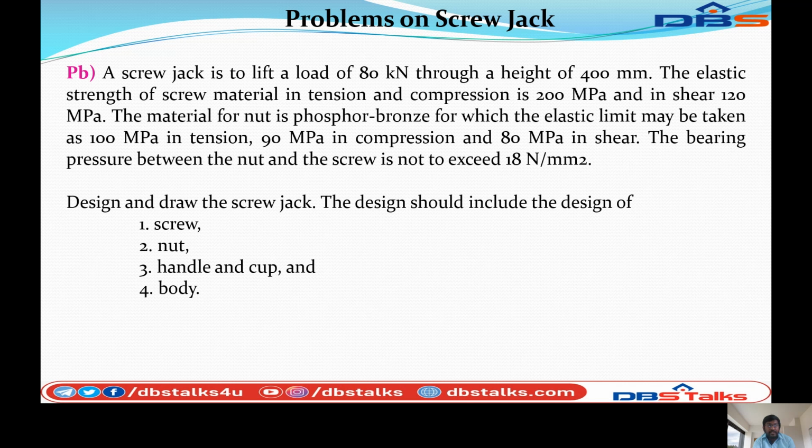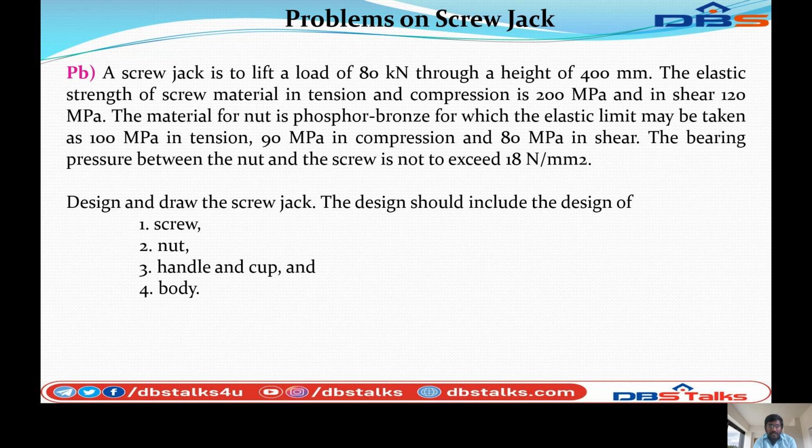The material for the nut is phosphor bronze, for which the elastic limit may be taken as 100 megapascals in tension, 90 megapascals in compression, and 80 megapascals in shear. The bearing pressure between the nut and the screw is not to exceed 18 Newton per mm square. Next, design and draw the screw jack.